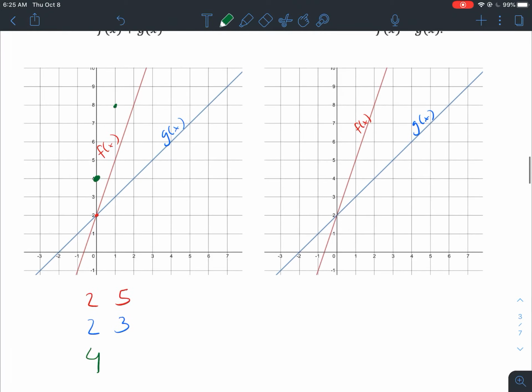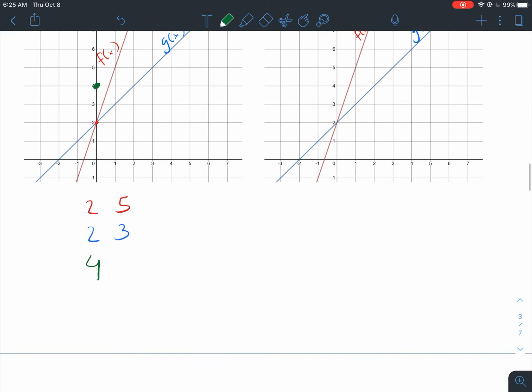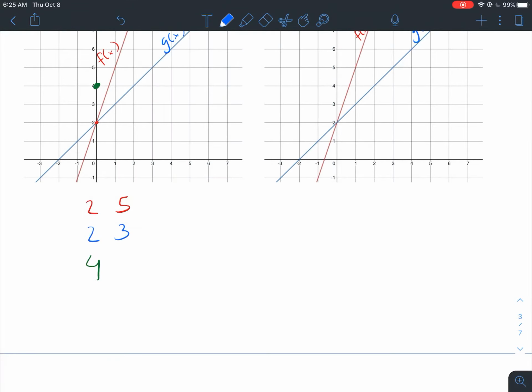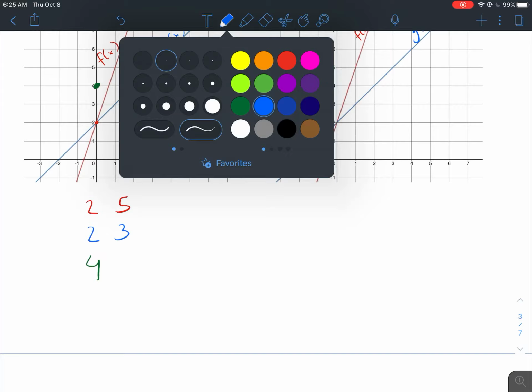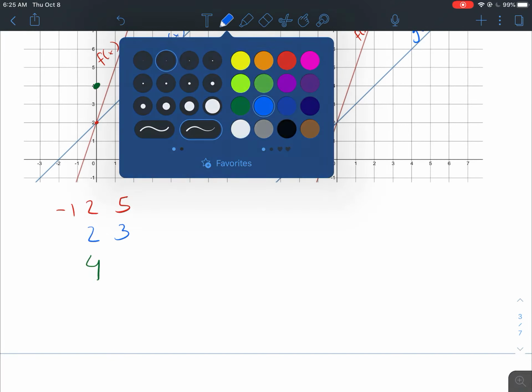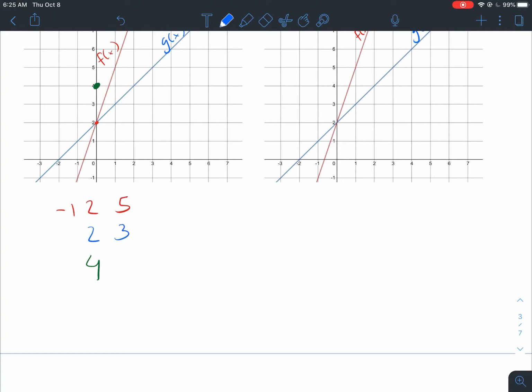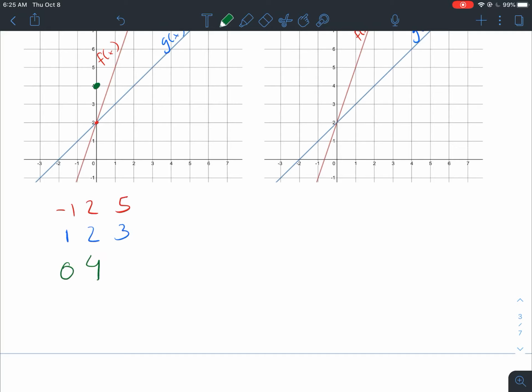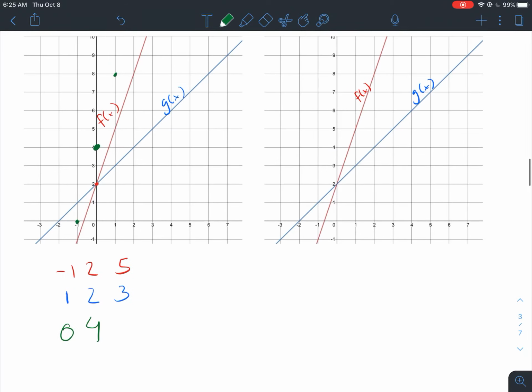And then we could do -1. Sorry, should have gone red first. We've got -1 and we've got 1, so our green guy is going to end up at 0. Basically, all you do is take the y values, add them up, and you get your new line.